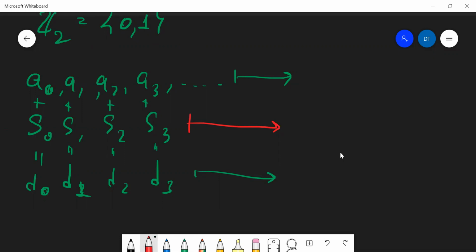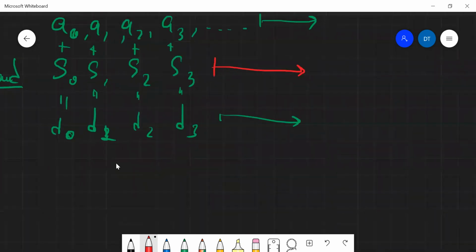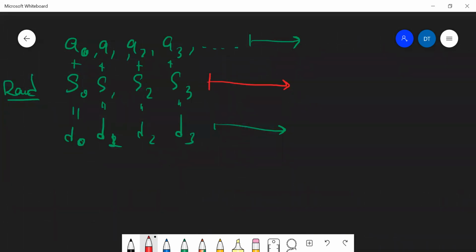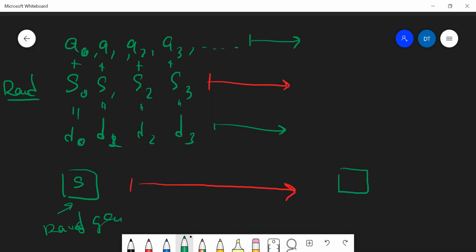You could transfer the sequence via a secure channel, but it's not better than transferring the initial sequence via the secure channel. So instead, you do the following trick. You just take your random generator, and you send the random generator via the secure channel.